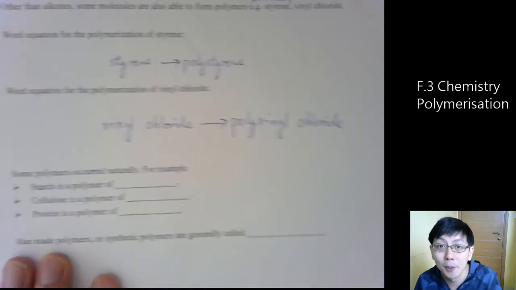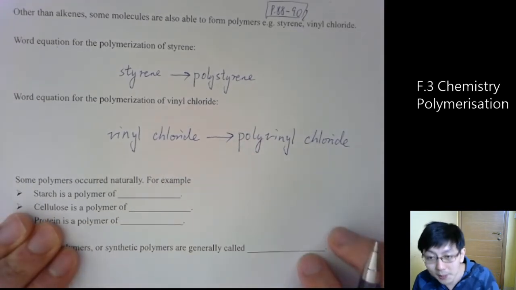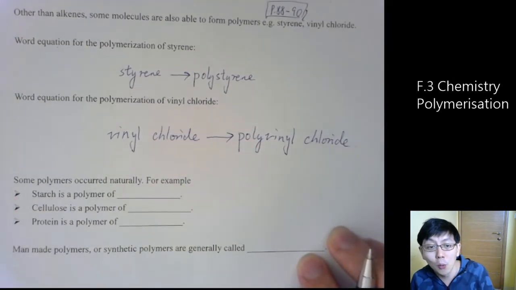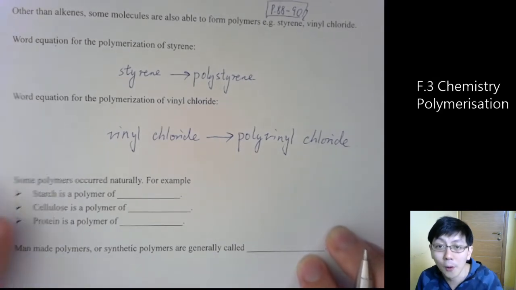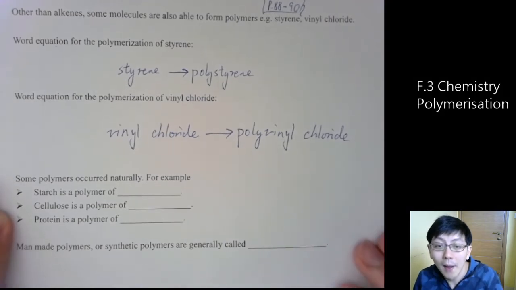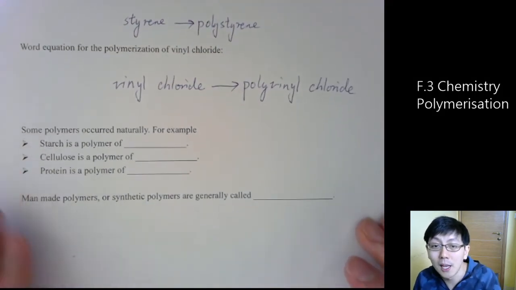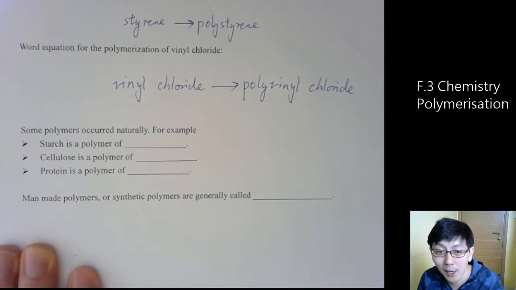Now here are some examples of polymerization of some substances. Some substances are able to join together one by one repeatedly. So the product, the large molecule, the polymer, is called poly something. Now actually some polymers occur naturally. There are polymers in nature and in our bodies.